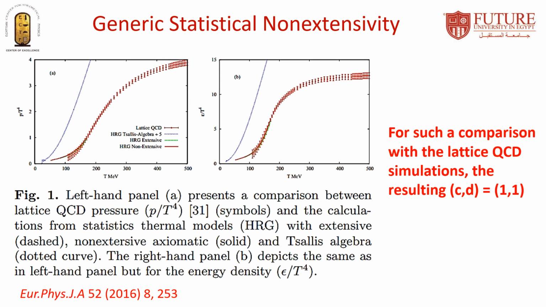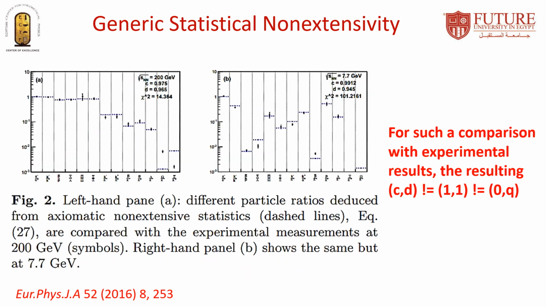This gives an idea that the generic non-extensive works well if you apply them to an extensive system, and as well if you apply them to some dynamics, as in the case here when I have studied the particle ratios which are detected in various experiments.